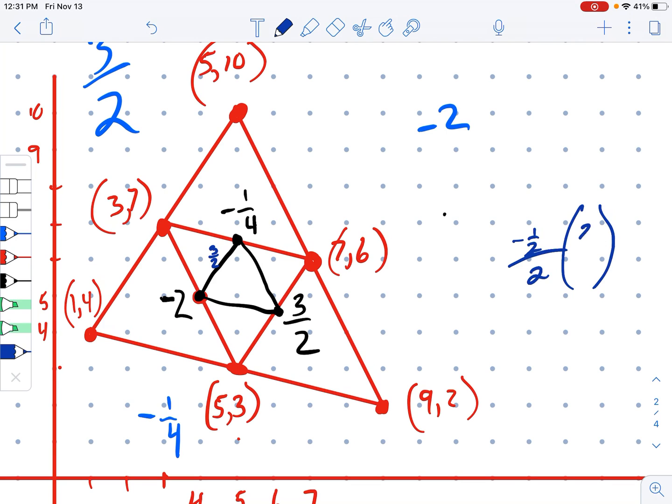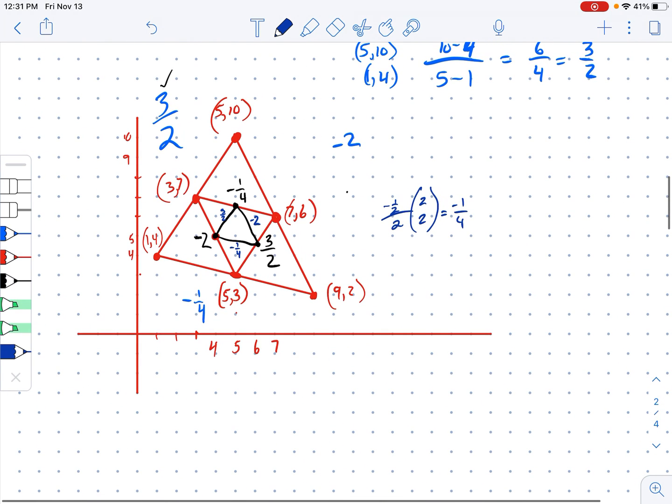If I turn that into a whole number fraction with integer values, I'd get a negative 1/4, which makes sense because I've had that as a slope. I'm noticing a pattern here. And then finally, this last side, I go down 2 and over 1. So that has a slope of negative 2.